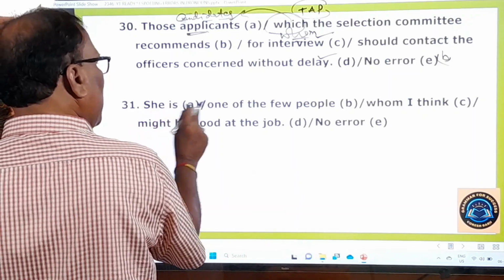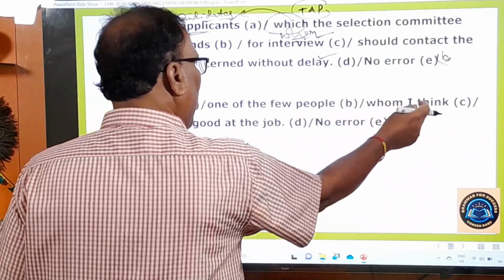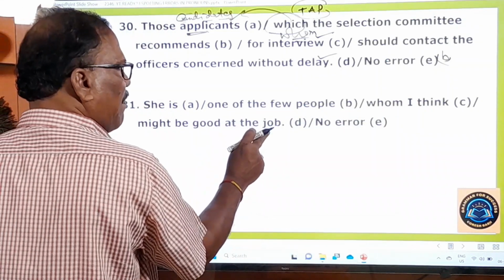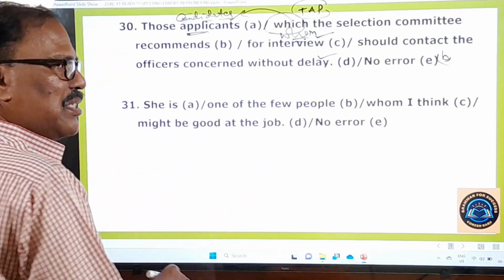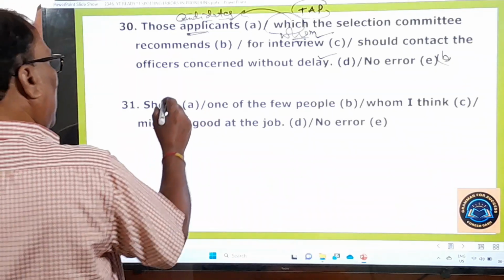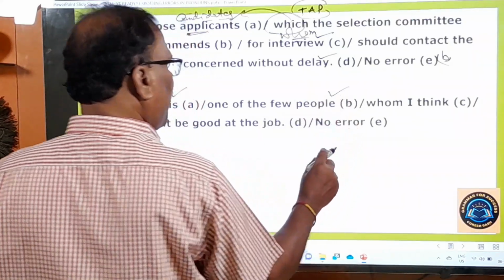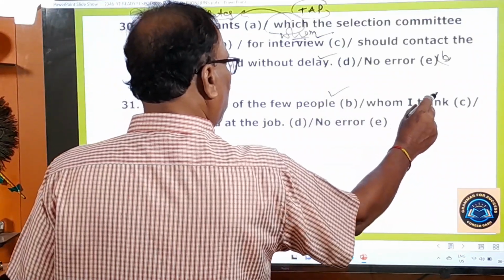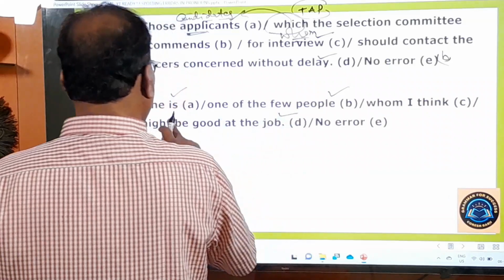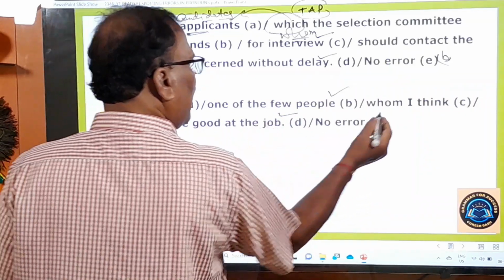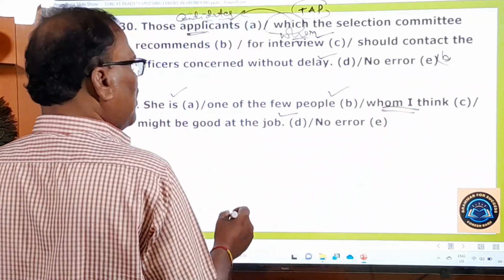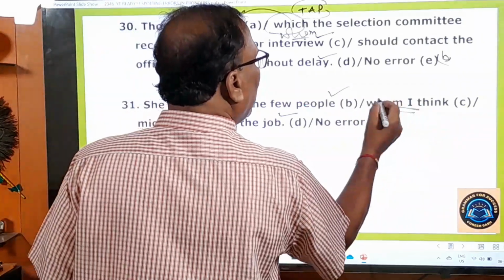31st one, she is one of the few people whom I think might be good at the job. So here, if you observe this sentence, the A part is okay, and one of the few people is okay. Whom I think is the C part. D part is okay, might be good at the job. But here C part is not okay, because whom I think is wrong.